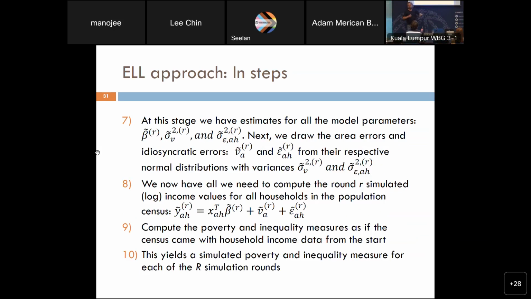If the survey is big, that's the same as drawing from the asymptotic normal distribution, so finite sample considerations become minor. It draws the errors from the empirical distribution because it doesn't want to impose normality.